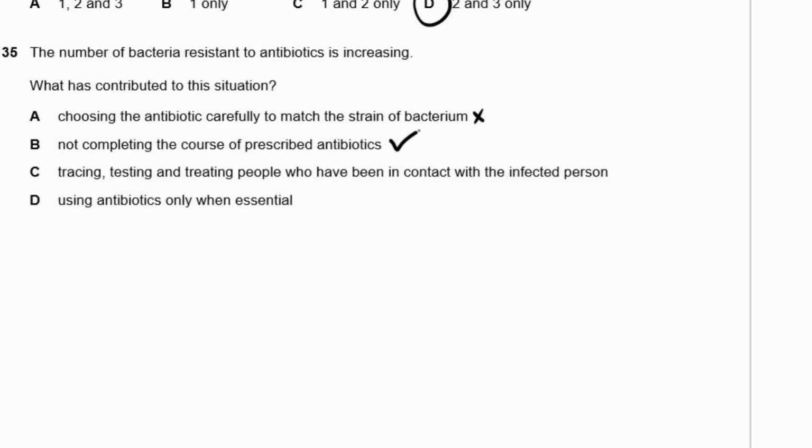Tracing, testing, and treating people who have been in contact with the infected person? Nope, that does not create antibiotic resistance. That means people are less likely to carry the antibiotic-resistant bacteria. And using antibiotics only when essential? No, that will reduce the amount of antibiotic resistance. So the answer is B.